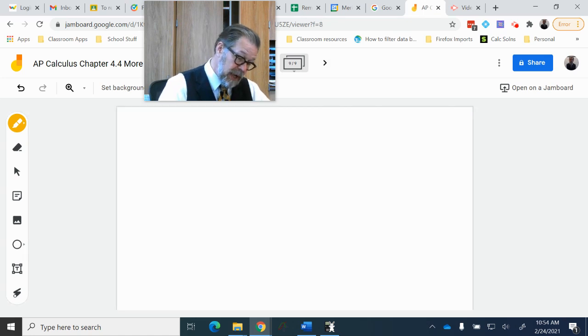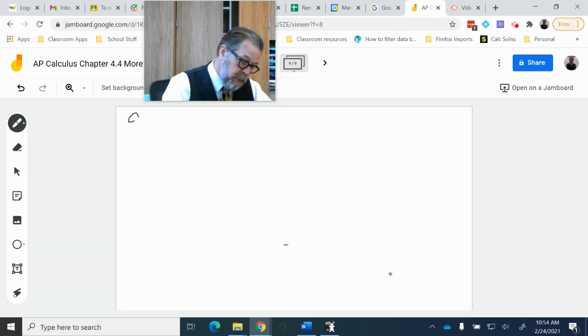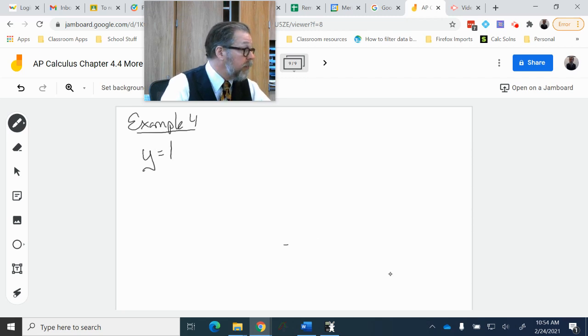All right, let's use this in an example. This will be example 4, and we will start with the function y equals log base a of a to the power of sine of x.